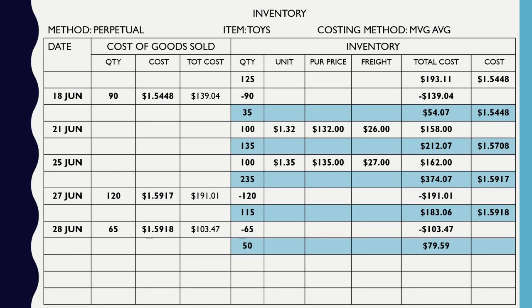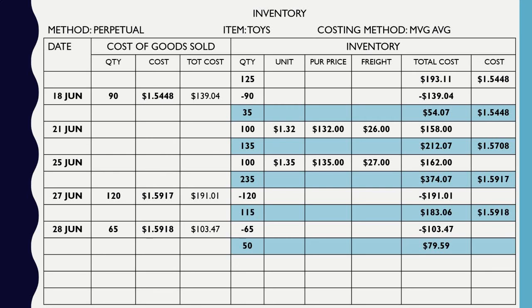Because I sold 120 items, I calculated for that total amount. But because I'm subtracting this number right here, which I rounded up, because of this one penny, that is the reason why my total cost is now reflecting at 183.06.